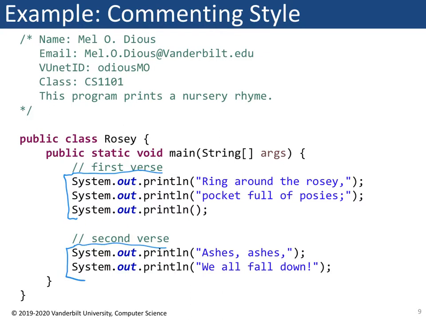Leave white space in between in appropriate ways, just as in this example we have, so that the ordering of the code makes sense. So we've got a first verse comment, the code that then prints out the first verse, and then the second verse comment, and the statements which print out the second verse. So this is good commenting. Consider this to be an example of what we expect from you.